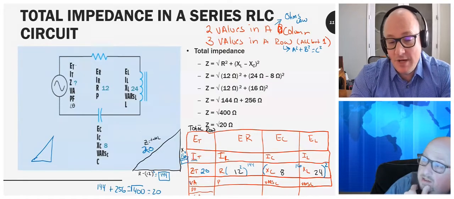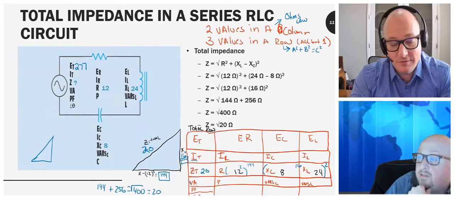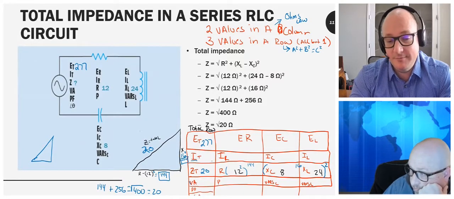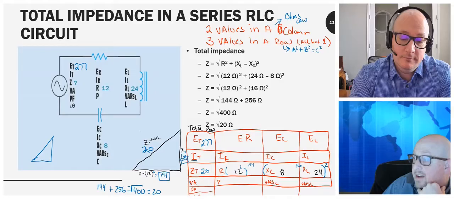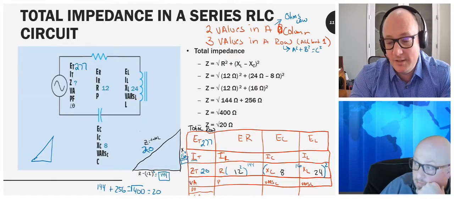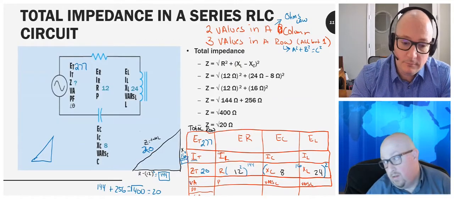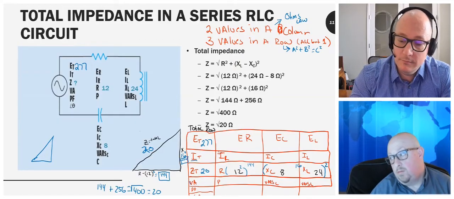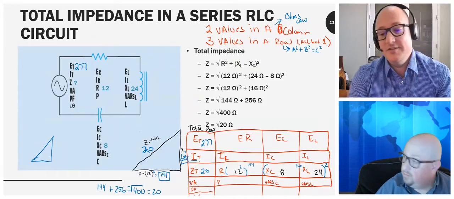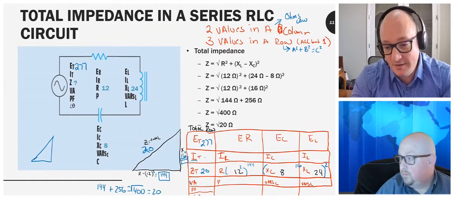But we can't solve anything more because we just weren't given enough. But let's say we measured 277 volts at the source. Now we have two values in the column, so we can solve the remaining. If I want to know my current, I just use Ohm's law: voltage over resistance, which in this case is total opposition, impedance.